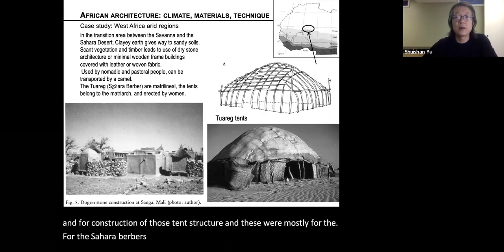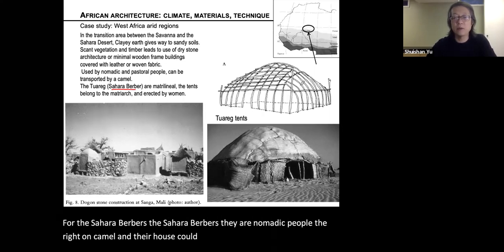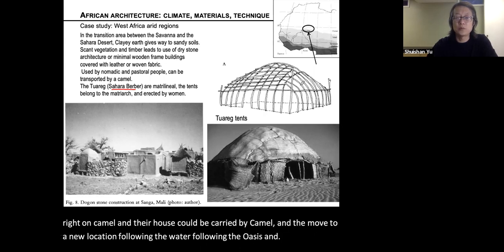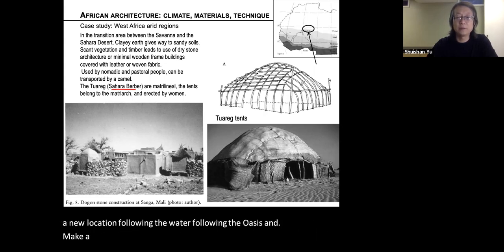The Sahara Berbers are nomadic people. They ride on camel, and their house could be carried by camel, and they move to a new location, following the water, following the oasis, and make a living that way.